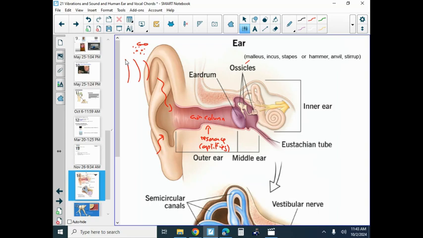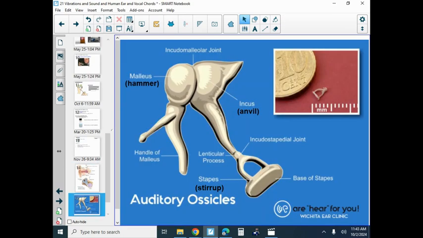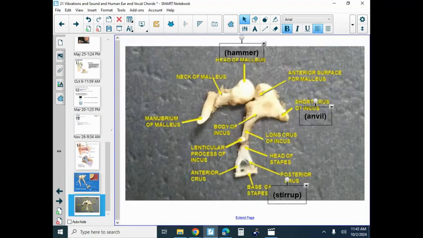And then you have these three little bones, the ossicles: the malleus, incus, stapes, or the hammer, anvil, stirrup. Those little wee bones, your hammer, your anvil, and your stirrup, are the nicknames for them. You can see the size of them in real life. They're very, very small, like grain of rice kind of size. These are actual anatomy of them. So you can see the stirrup itself really does look kind of like a stirrup, right?